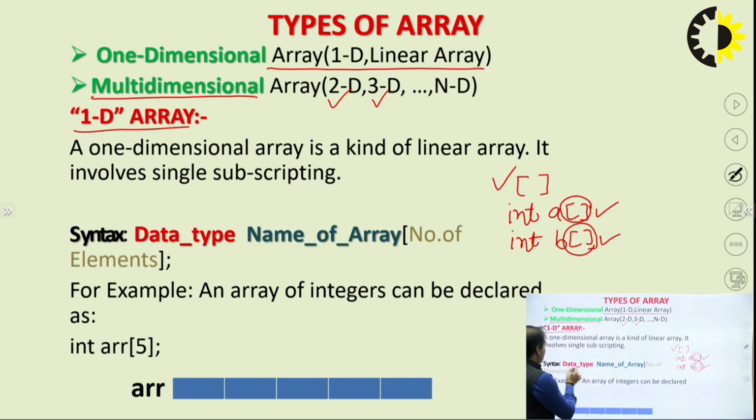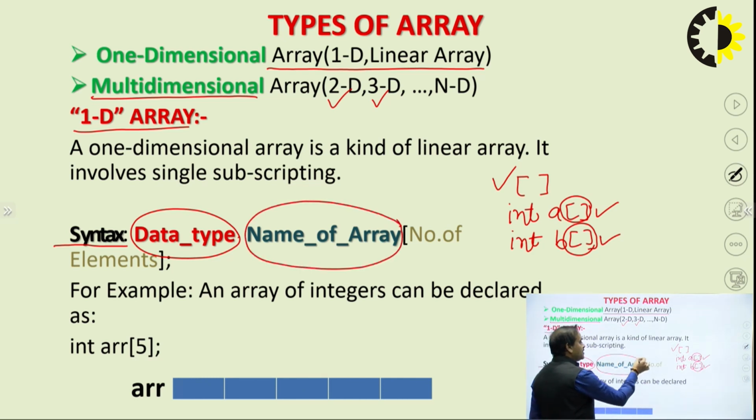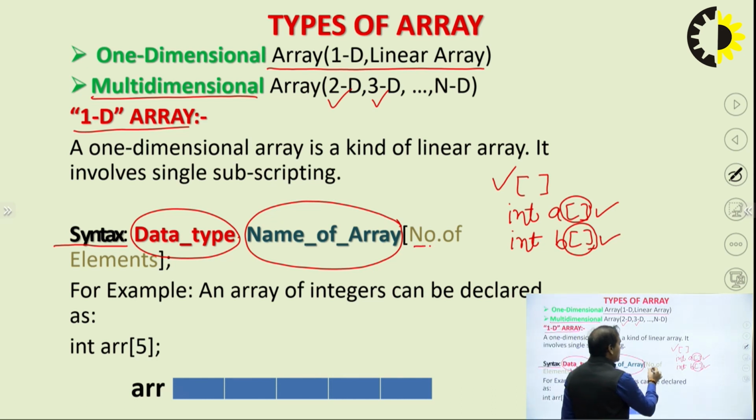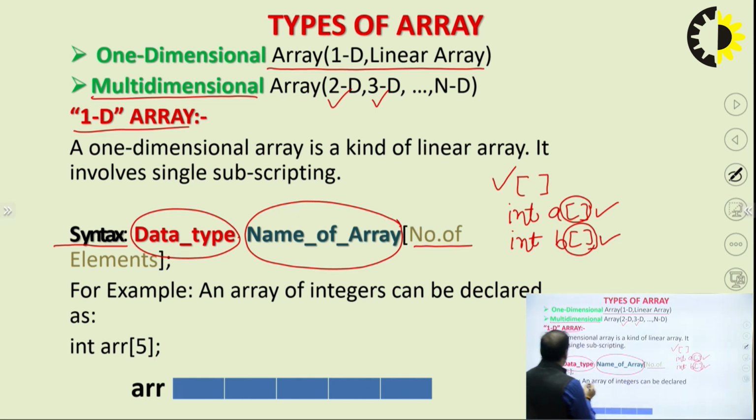Now the main part of the data structure is its syntax. Here is the data type, that is, which type of data you want to store in the given array. Second is the name of the array. This is the name defined by the user, and this is the size or length of the array.